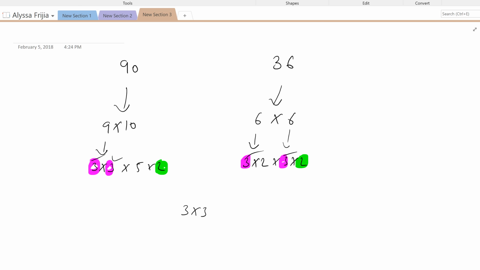Yeah, 2's are common. So write your 2 out. So we factor out 3 and 2 and then 3 again. So that number is 9 times 2, which is 18. So 18 is the greatest common factor of 90 and 36.